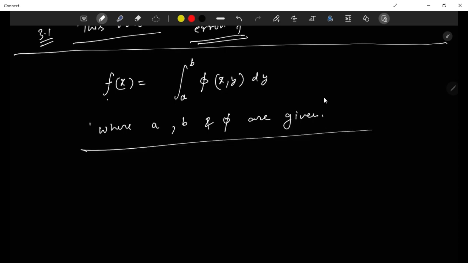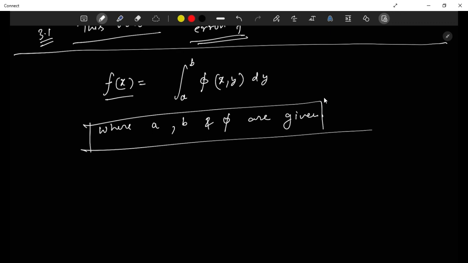So if these three things are given, then the function f of x will be called a function of x in the integral representation. Sometimes it is not possible to completely integrate this integral.